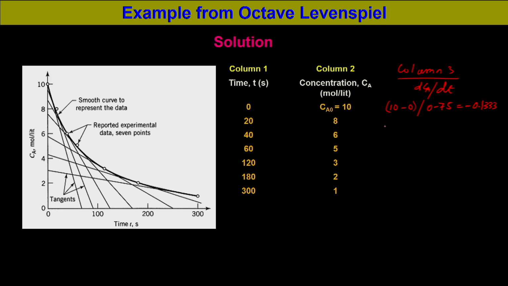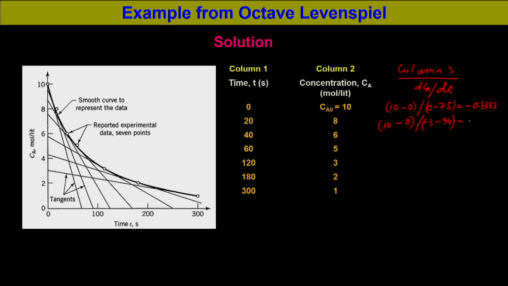Similarly, for this case it would be 10 minus 0 divided by minus 3 minus 94.